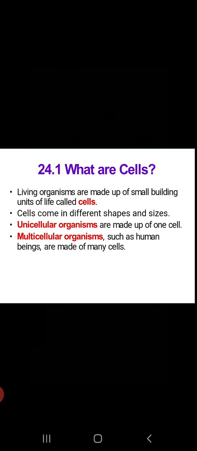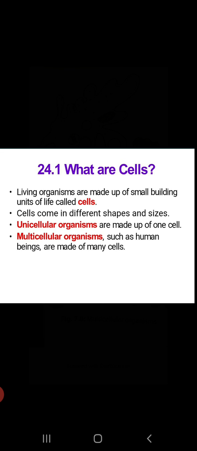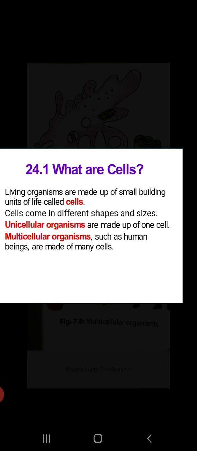The organisms that are made up of only one cell are called unicellular organisms. Uni here means one and cellular means cell. Some examples of unicellular organisms are amoeba, bacteria, yeast, paramecium.